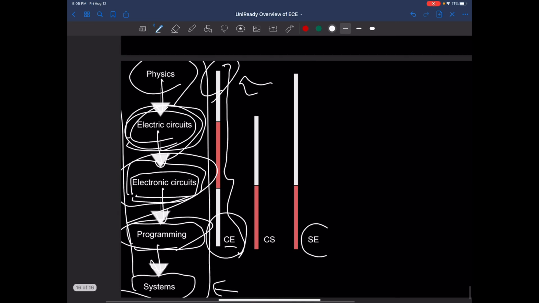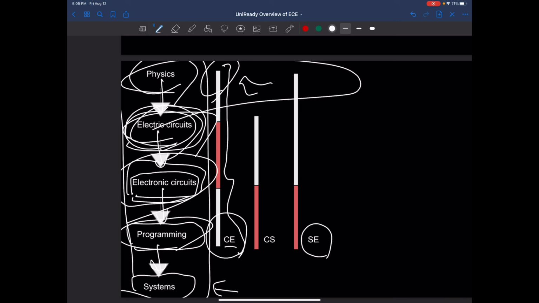And software engineering students also do kind of what computer science students do, but they also usually have to take at least one class in physics to understand how Maxwell's equations work and how they can be abstracted to electric circuits, but usually not as much as computer engineering students. And software engineering students don't really deal with this abstraction from electric circuits to electronic circuits. They don't really have to do too much electric circuits.